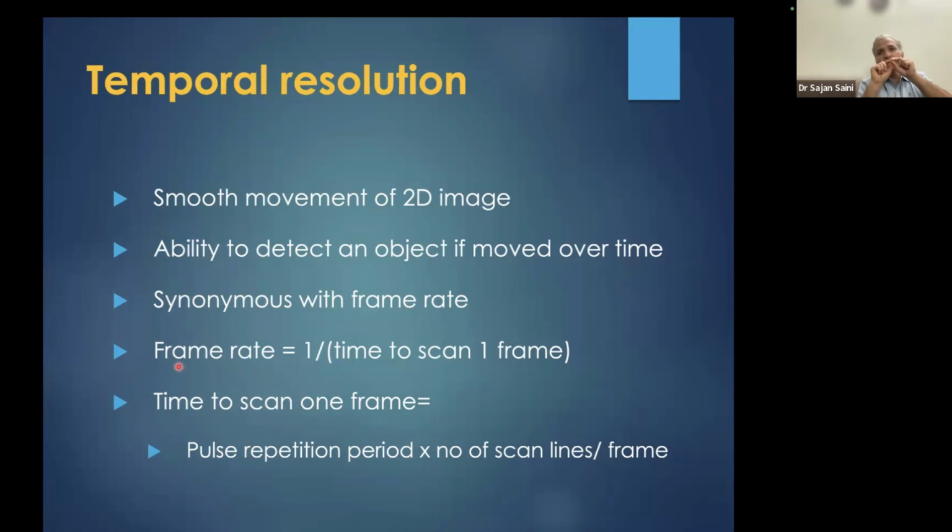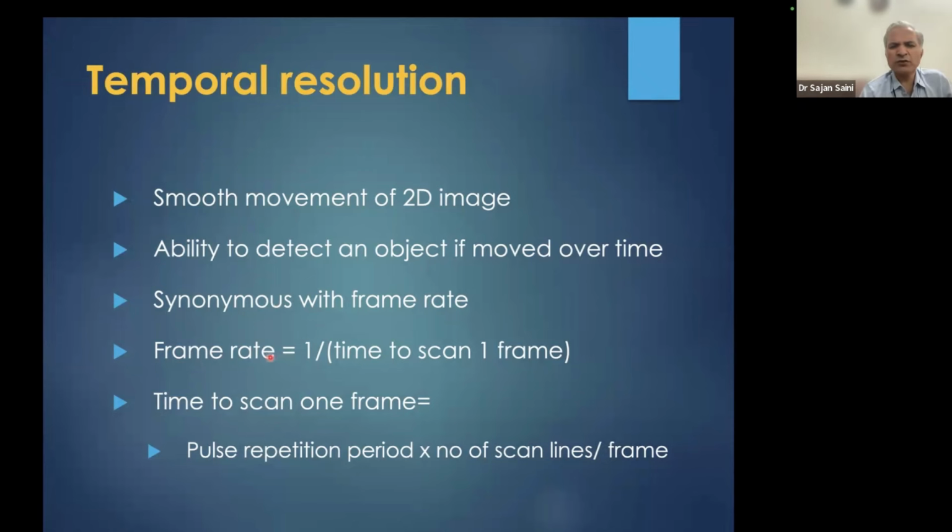Once the pulse goes inside, it comes back. It is one pulse cycle. Again a pulse goes and comes back, it is a second pulse cycle. So the number of pulses repeated over a unit time is the pulse repetition frequency. Suppose a machine sends, say, 30,000 pulses per second, then that is the pulse repetition frequency of that machine.